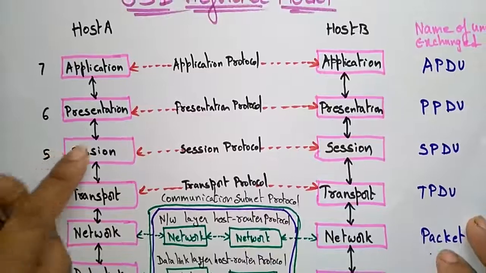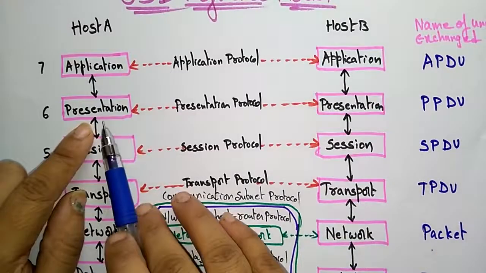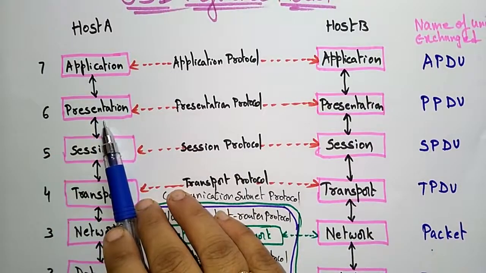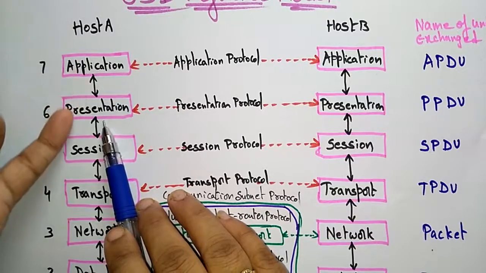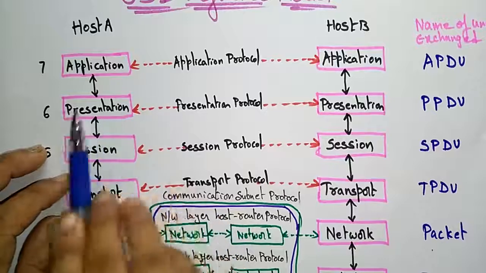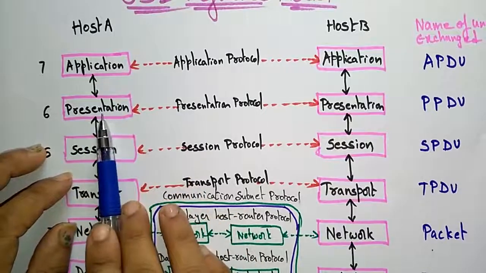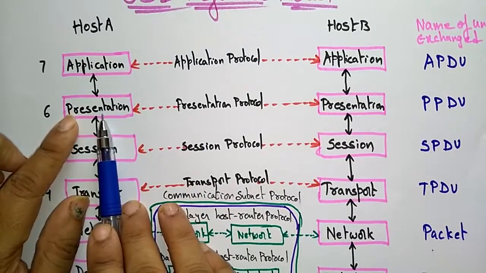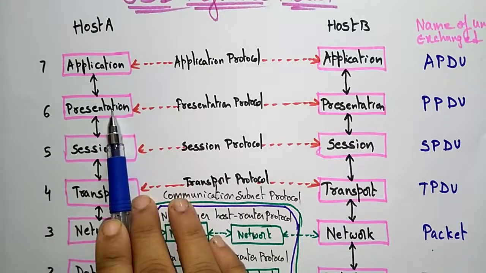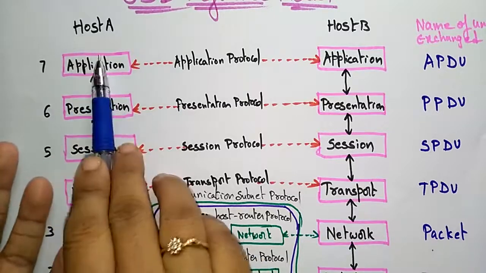Next is the presentation layer, the sixth layer. The presentation layer is just a translation. Whatever code the application layer sends, it translates and represents in another form, another code.